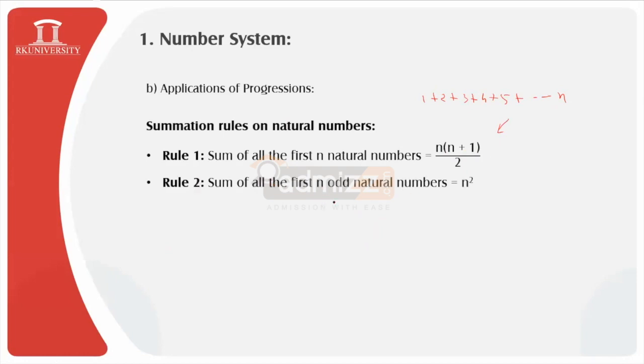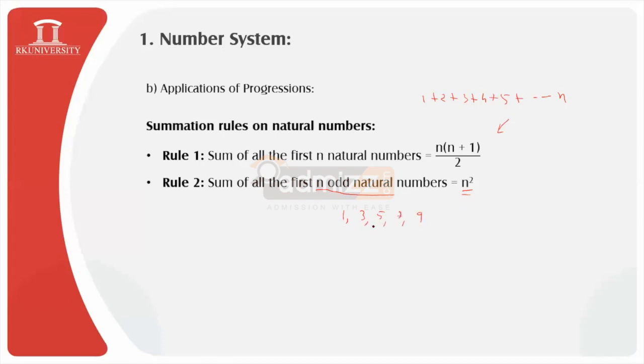Now the sum of the first n odd natural numbers, you can see here, you only have to take their square. But how to use this? Suppose you have 1, 3, 5, 7, 9.